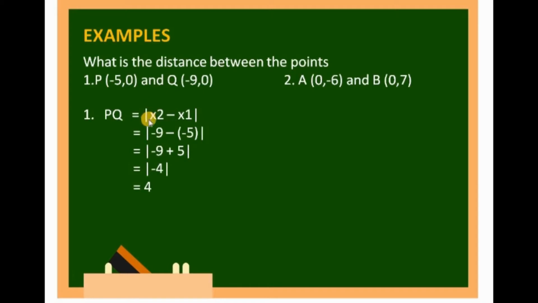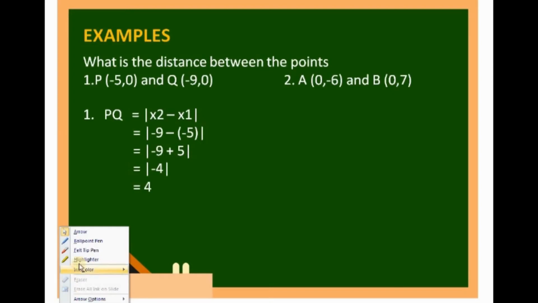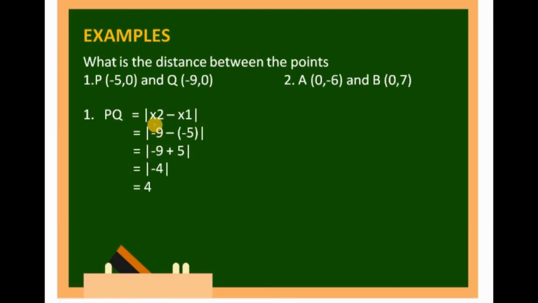You know the formula. If they are lying on x-axis, the formula is x2 minus x1. Let's substitute. What is x2 here? x2 is minus 9 and x1 is minus 5.